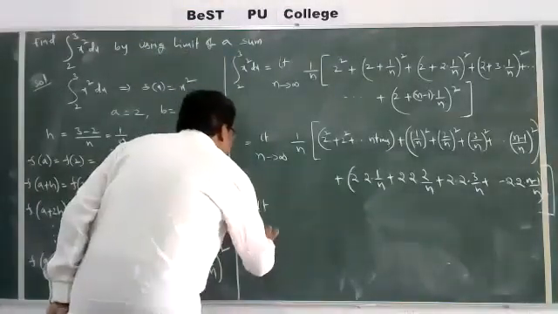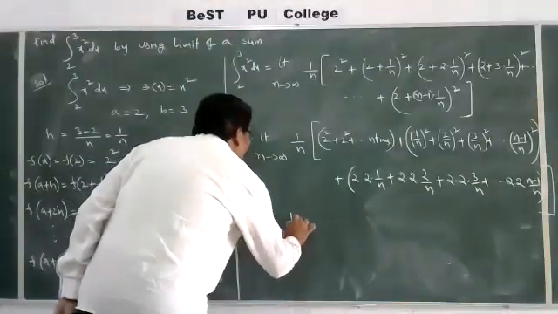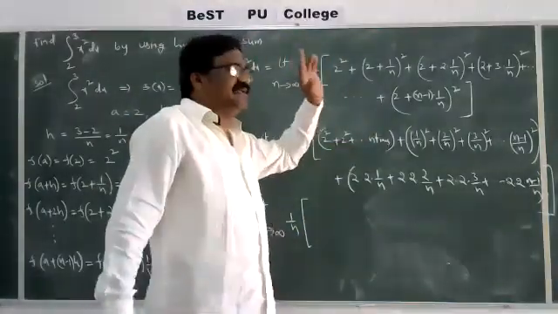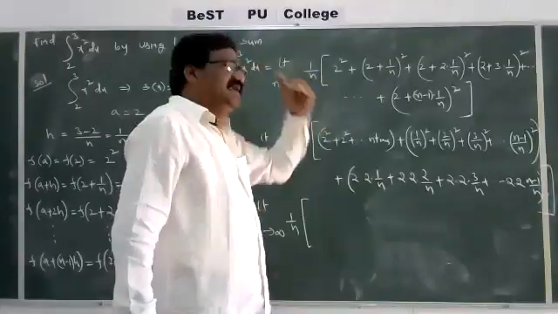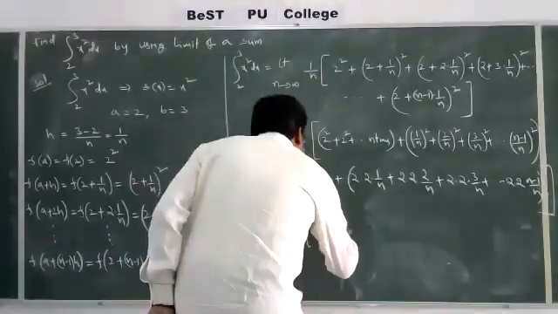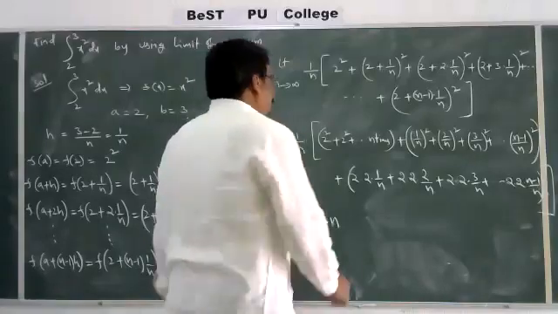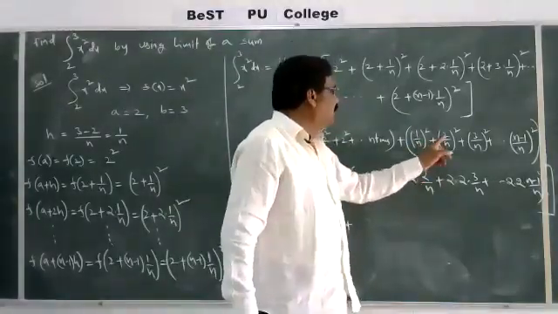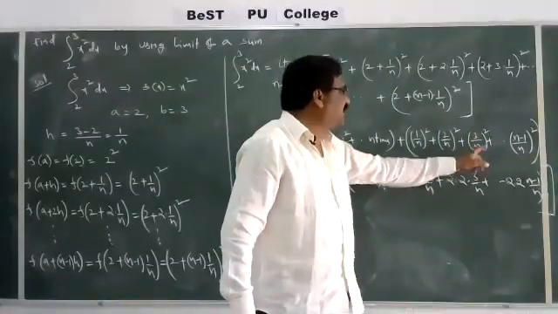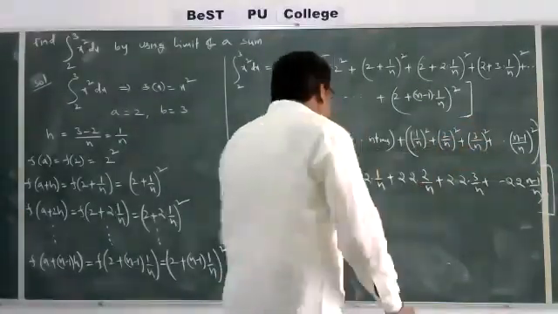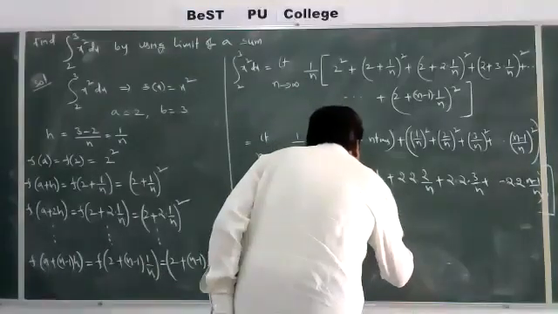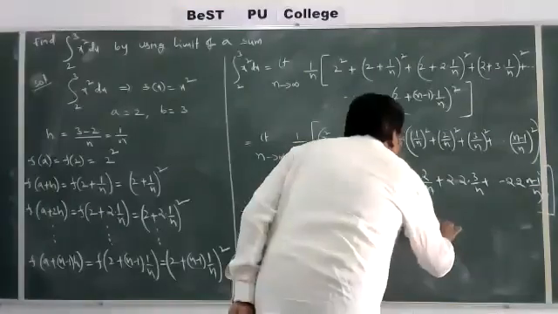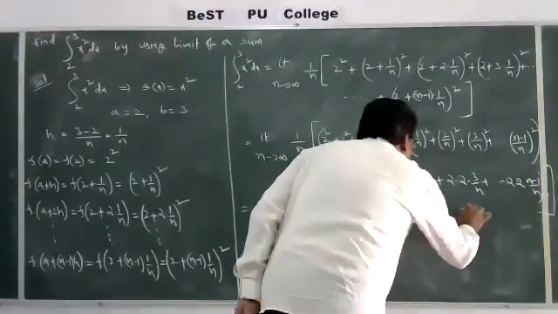That is equal to limit n tends to infinity 1 by n into bracket 2 square n times. That is 4 plus and so on n times, that is 4n. Plus here for every term you get 1 by n square, 2 square by n square, 3 square by n square, like that. 1 by n square is common: 1 by n square into bracket 1 square plus 2 square plus 3 square plus and so on (n minus 1) whole square.